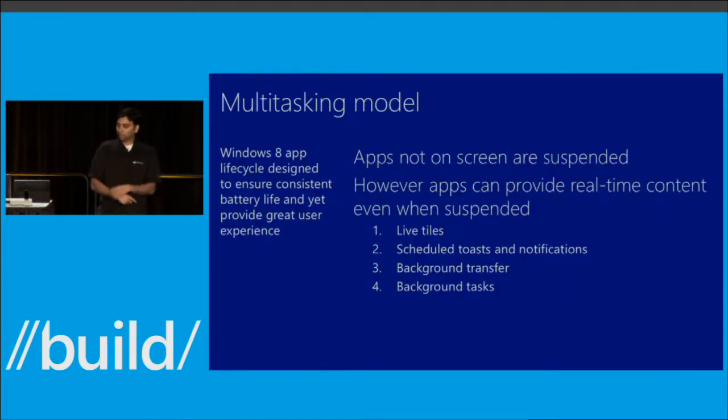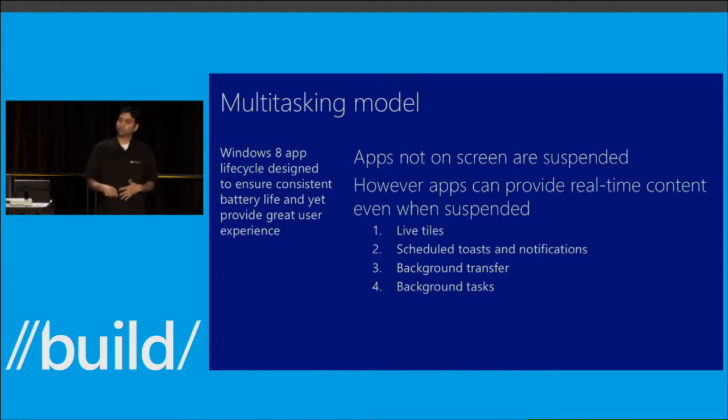Now, the background multitasking model. When we first started on Windows 8 and decided how to implement the whole app model, one of our core guiding principles was that we want Windows 8 to have consistently great battery life.